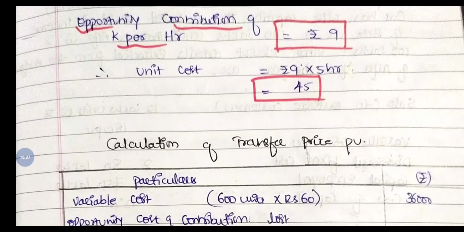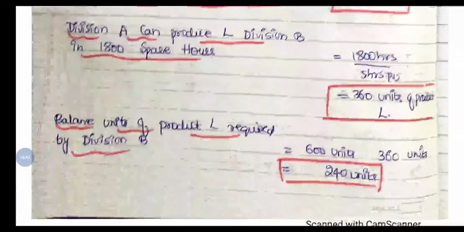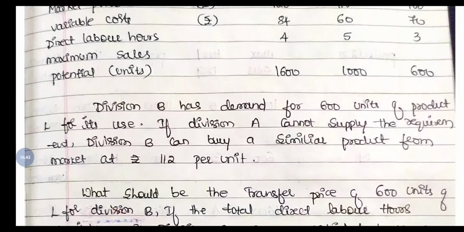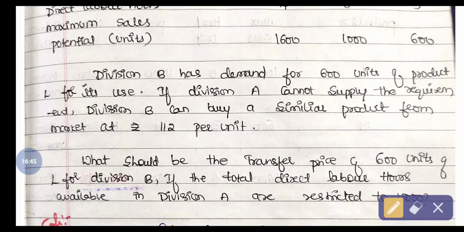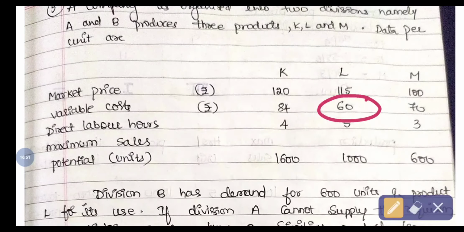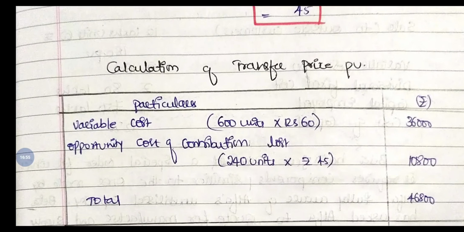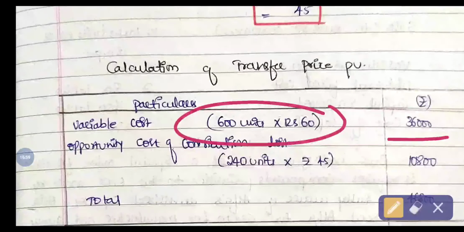So now finally the calculation of the transfer price. Division B wants 600 units of product L. For product L the variable cost is ₹60. So 600 into 60, that is the variable cost, 36,000.